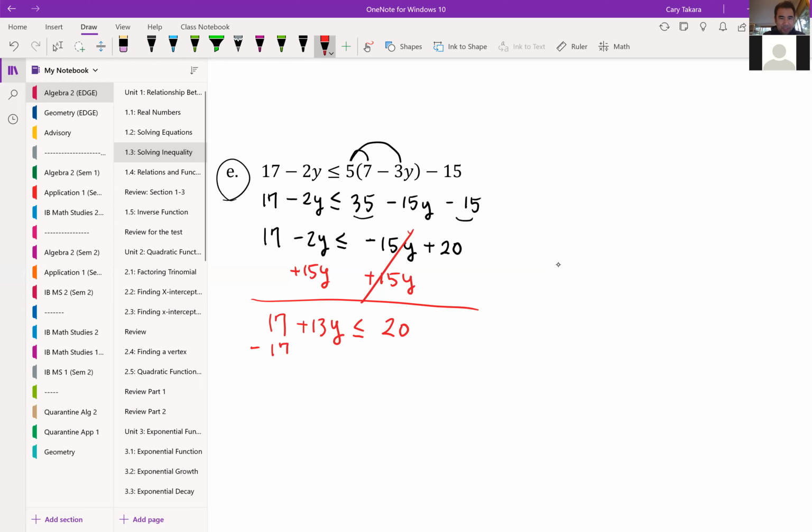Now I subtract 17 on both sides. So 13y is less than or equal to 3. And then divide by 13. y is less than or equal to 3 over 13.